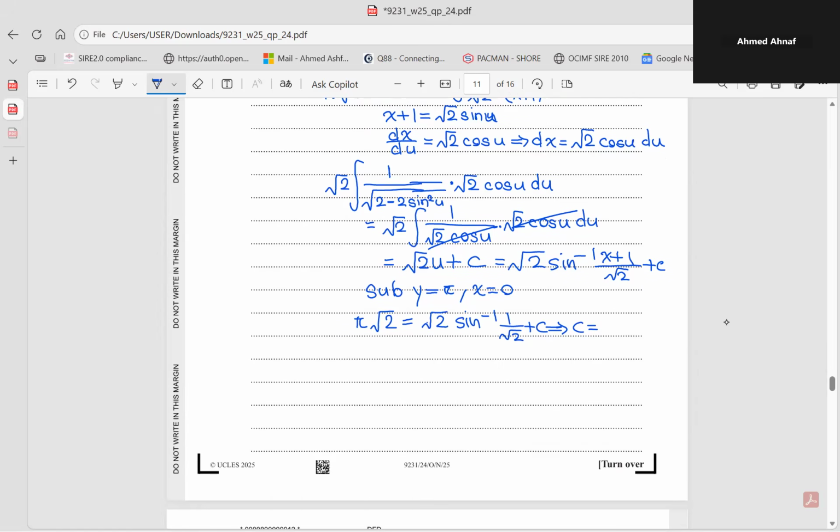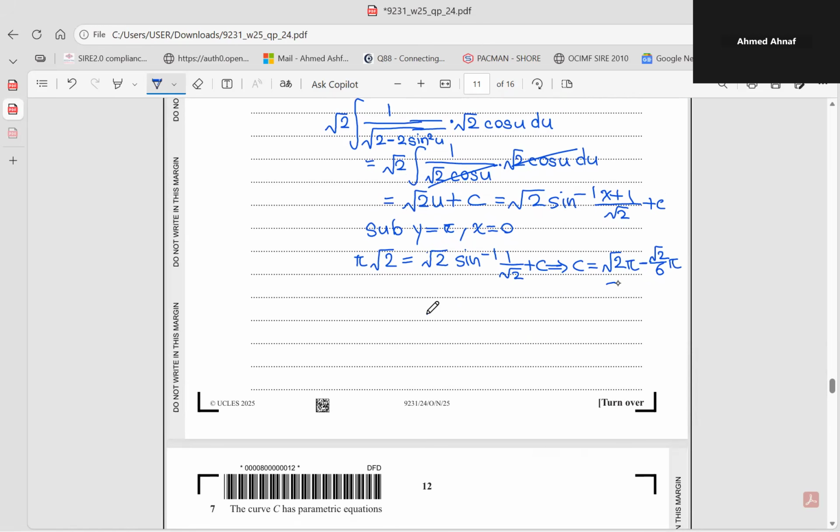So therefore c is square root 2 pi minus square root 2 over 6 pi.